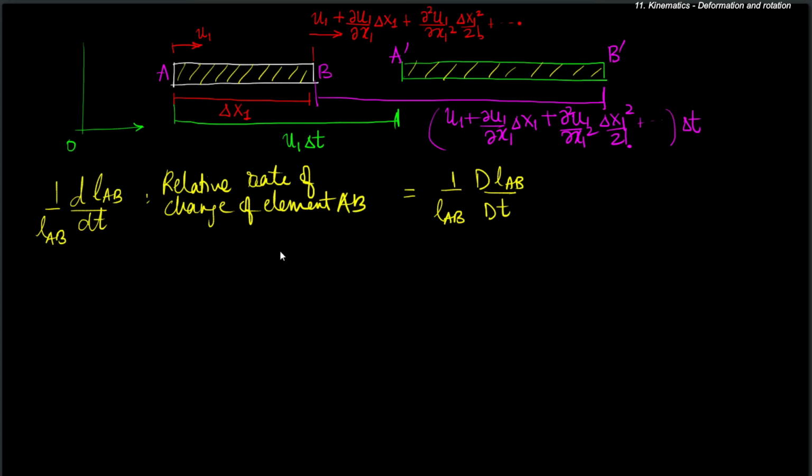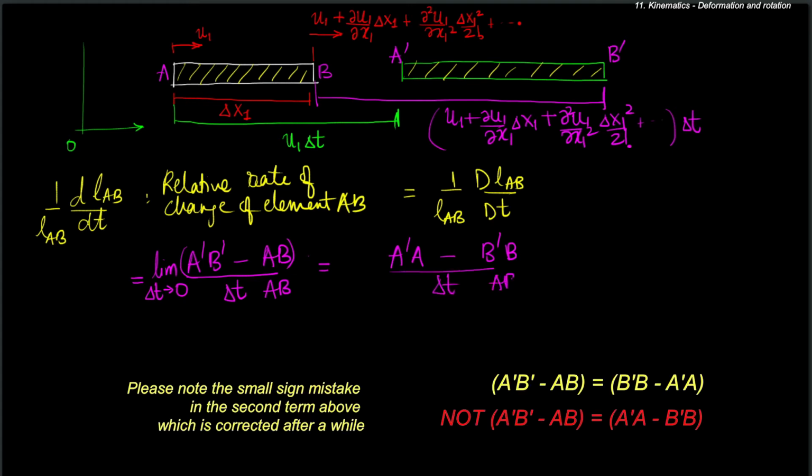So the difference in length will be A prime B prime minus AB upon AB, that is the relative change in length, and there will be another delta t because we are taking the rate of change, and we will take the limit delta t going to 0, and this is equal to A prime A minus B prime B upon AB upon delta t.